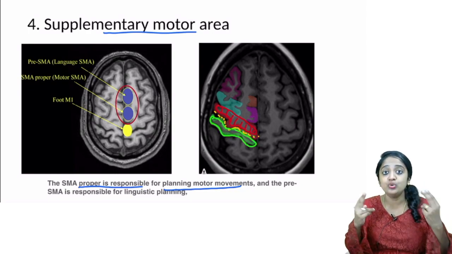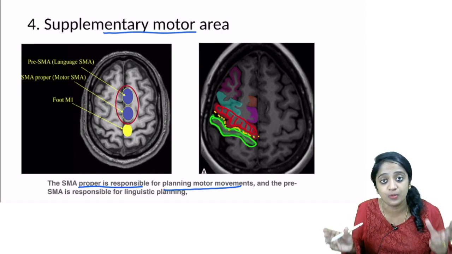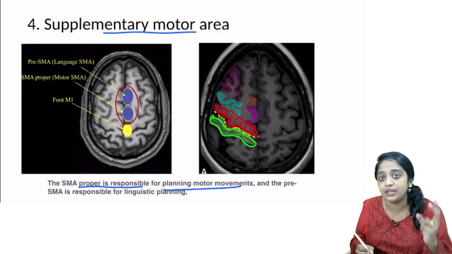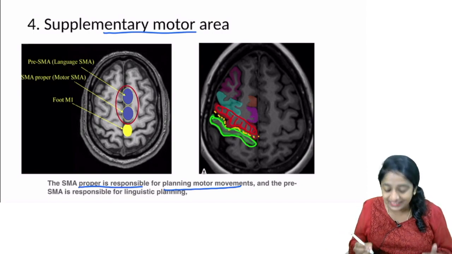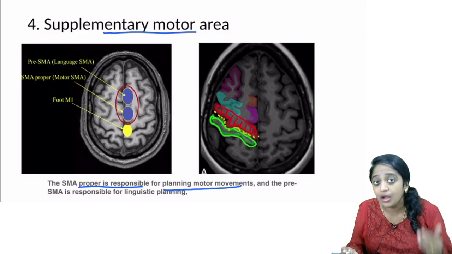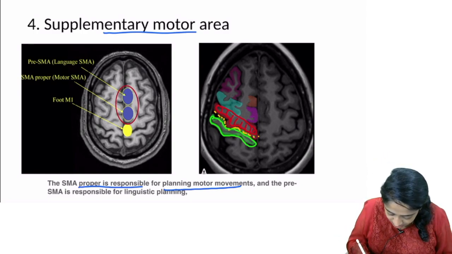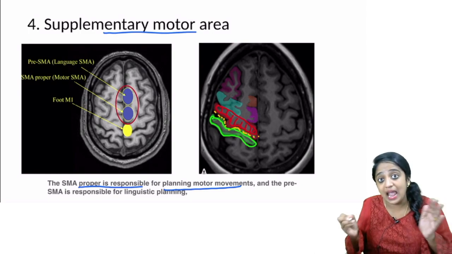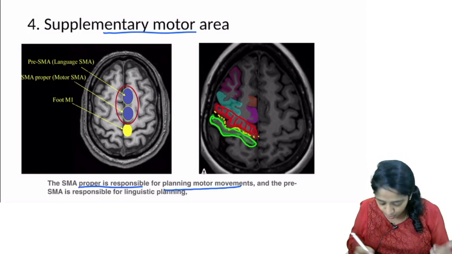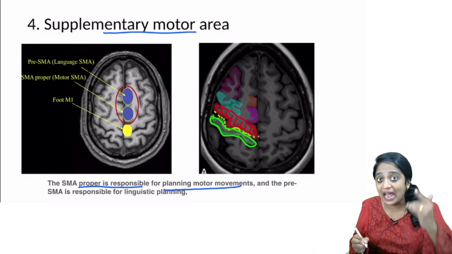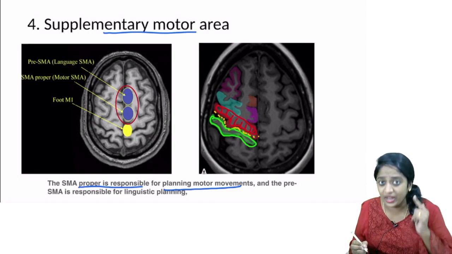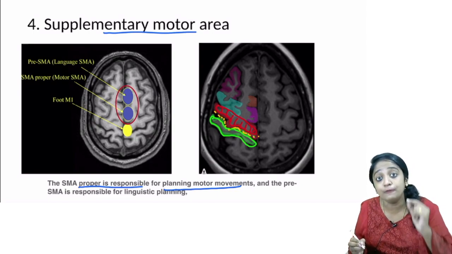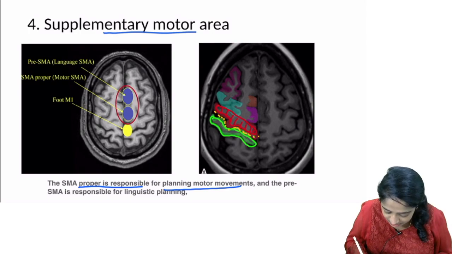Then we have seen two additional areas, assistants to the motor cortex. One is the premotor cortex, which is located just anterior to our primary motor cortex. So this will be that area. And the SMA or the supplementary motor area, which is located anterior to the precentral gyrus. Where exactly? Just anterior to the foot motor area. So this is our area.